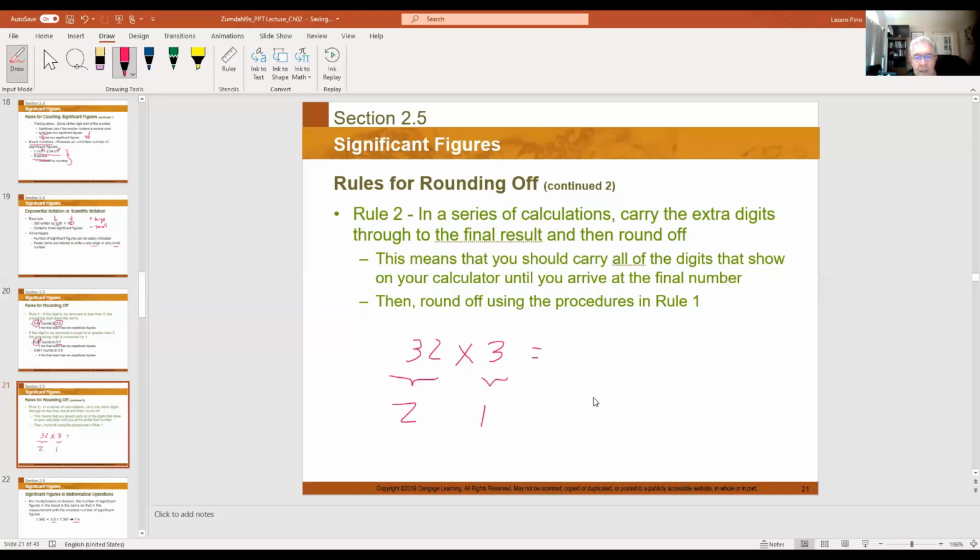Then the result must have one significant figure, corresponding to the number with fewer significant figures. The answer for this will be 36.